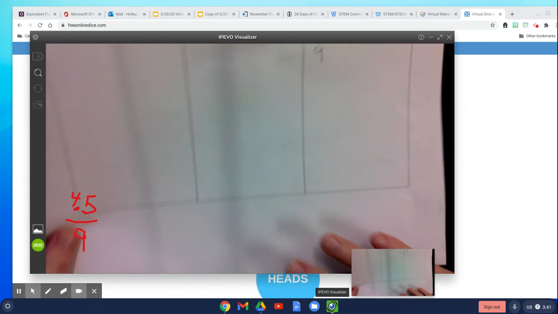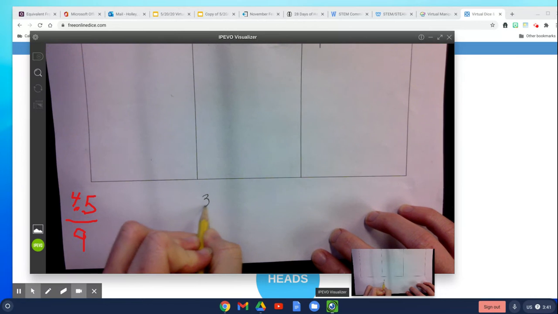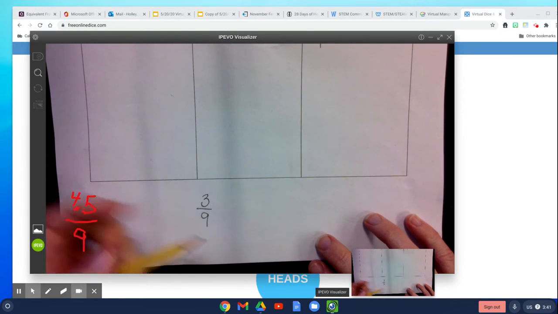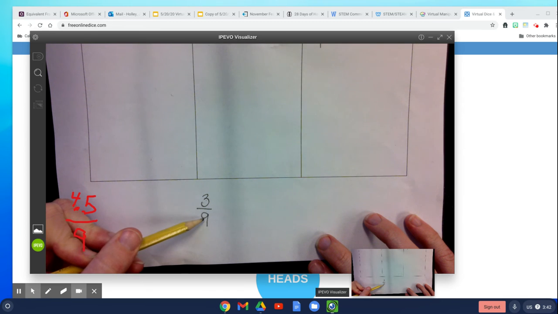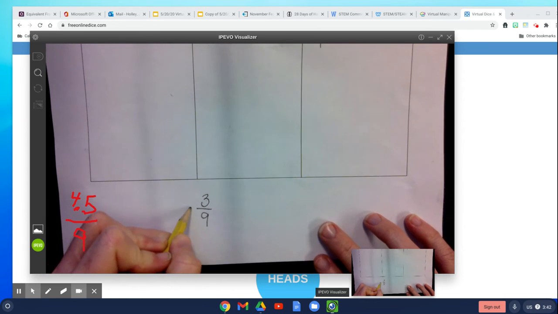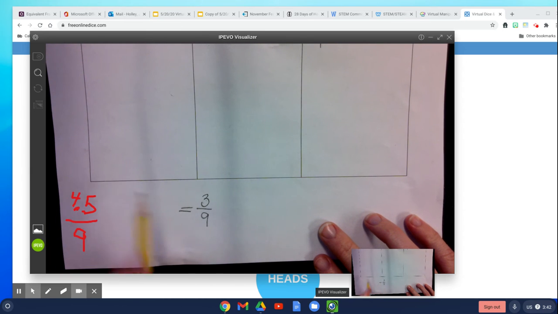So if I were using my understanding of equivalent fractions, I could think, okay, I know 3 and 9. Well, 9 is a multiple of 3, right? So I know something times 3, well, 1 times 3 gives me 3. So I'm working backwards. So what times 3 gives me 9? 3.